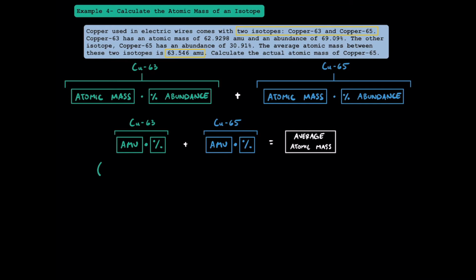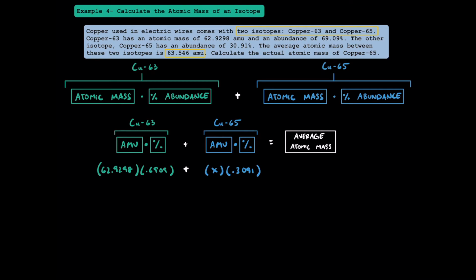First, we'll take the atomic mass of copper-63, which is about 62.9298, and multiply its percent abundance as a decimal, which is about 0.6909. And we're going to add that to the atomic mass of copper-65, which we don't know. I'm going to call this X. And we're going to multiply that by its percent abundance as a decimal, which is about 0.3091.